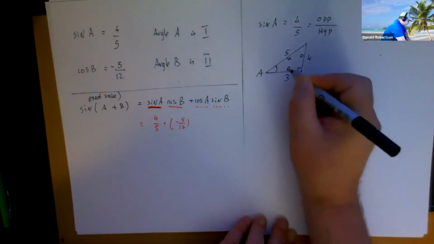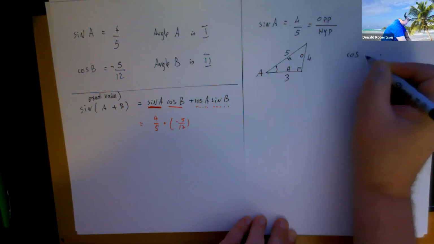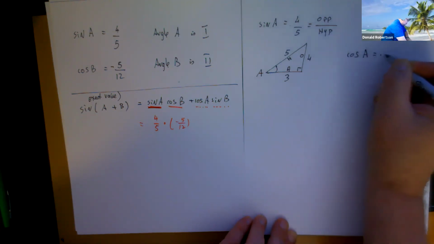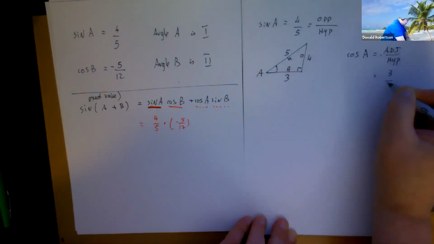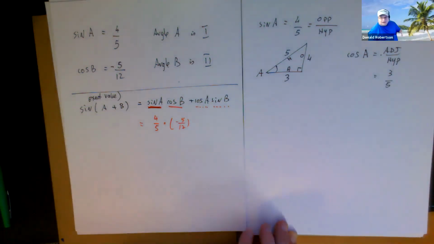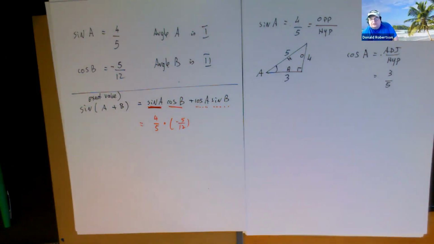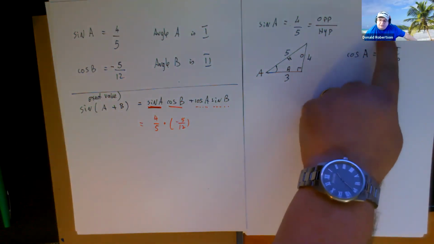And I'm going to use this triangle now to find out what the cosine of A is. Well, I know it's the adjacent over the hypotenuse. I know it's 3/5. And lastly, I have to know, is it positive 3/5 or is it negative 3/5? And this guy is the one that tells me.